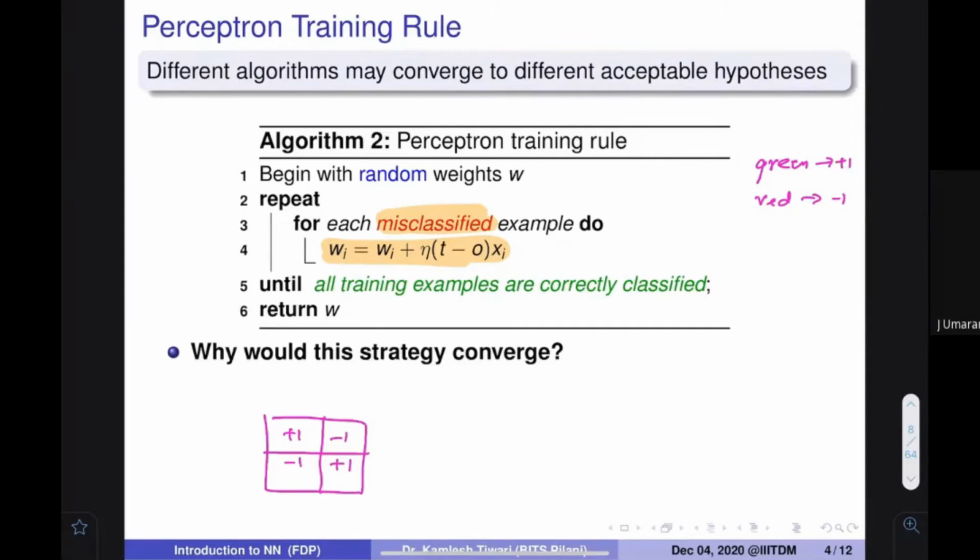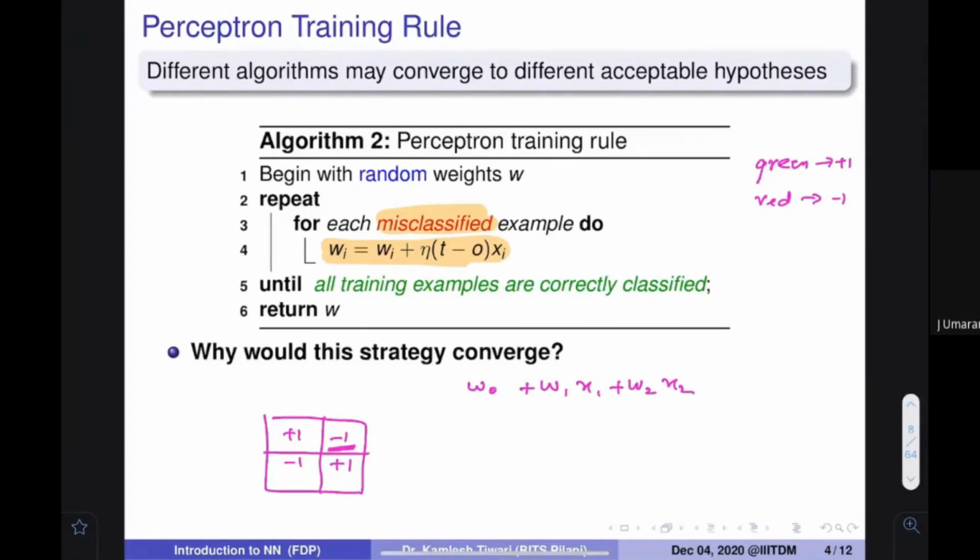Can you remember the equation? The equation is W0 plus W1x1 plus W2x2. My system is telling negative.